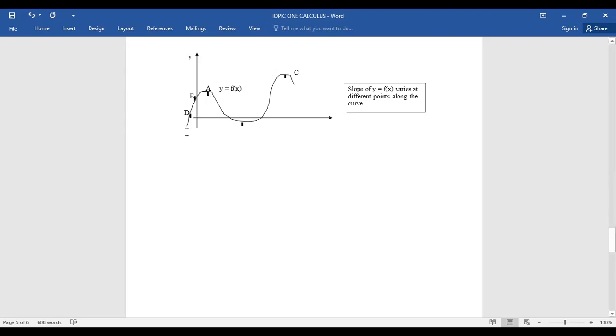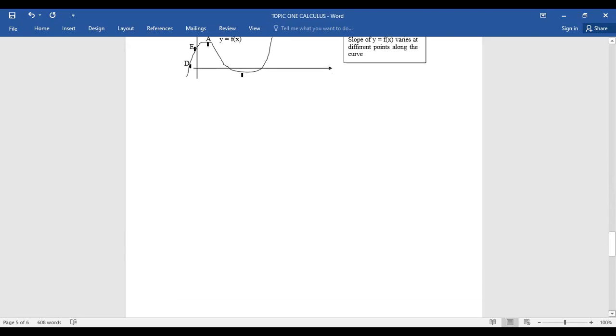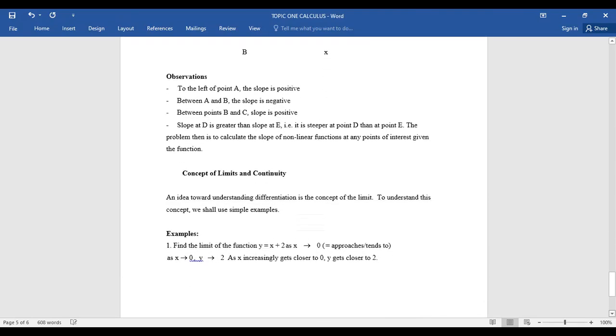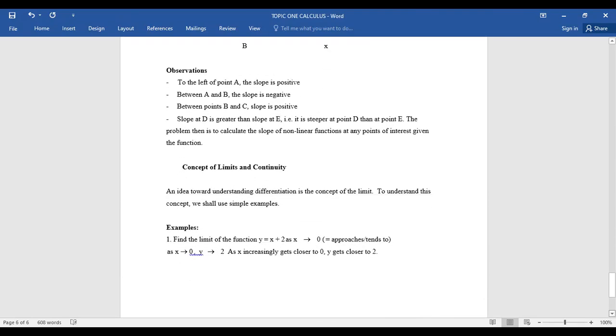So our function is moving up, down, up, down. If we were to get point C, we need to be assisted by calculus to be able to do that. And we do that by what we call the concept of limits.